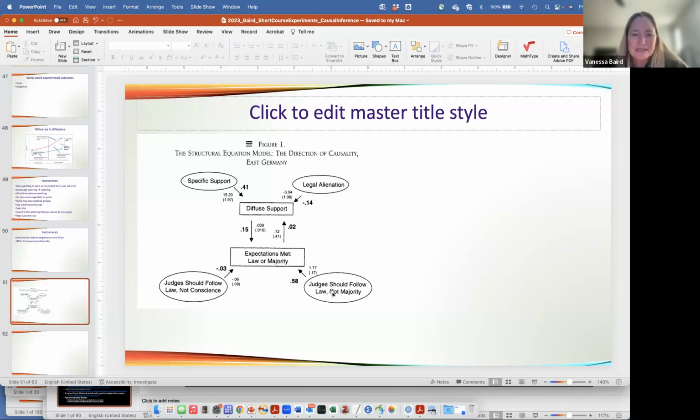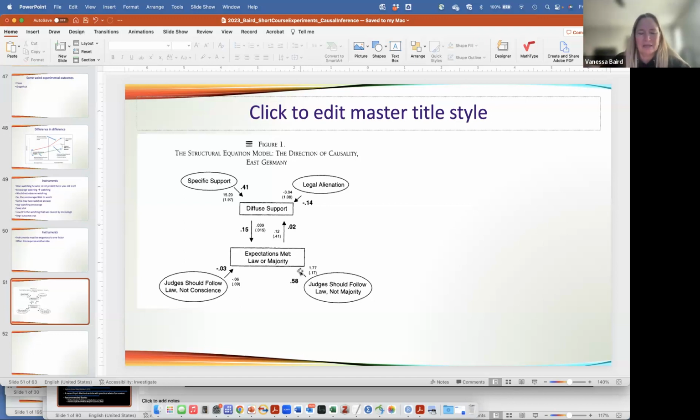And instruments have to be exogenous. In a non-recursive model, one of the instruments has to be uncorrelated with one of the non-recursive elements, and the other instrument has to be uncorrelated with the other one. And it basically does what I just said.